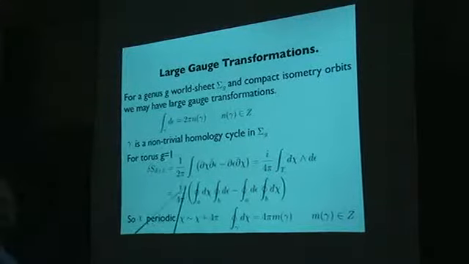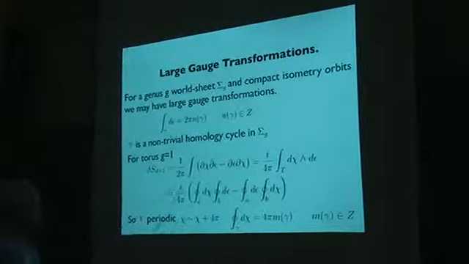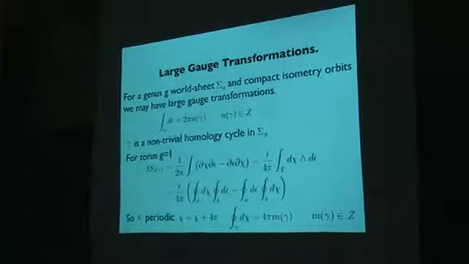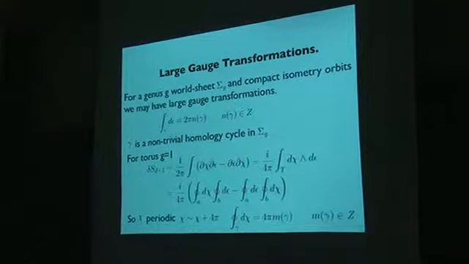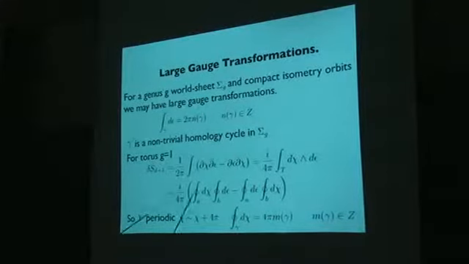So we get 2 pi i times an integer. And so the action would shift by 2 pi i times an integer, and so e to the minus action would be invariant. And so the quantum theory would be invariant if we had this as periodic.